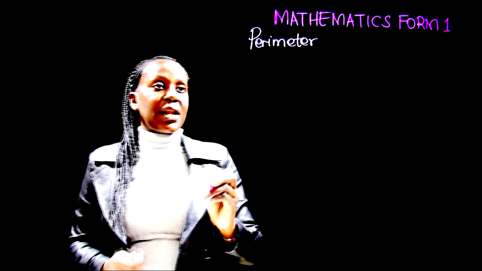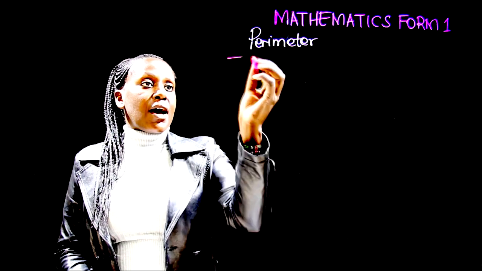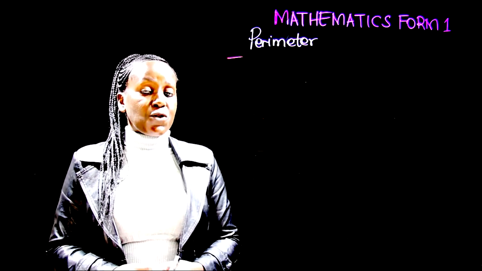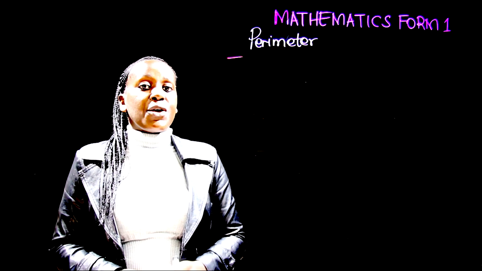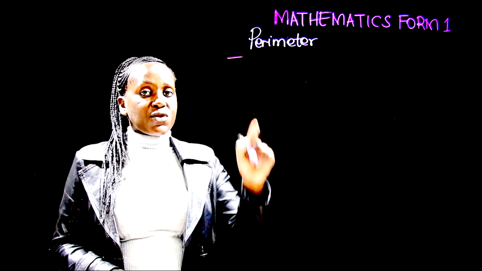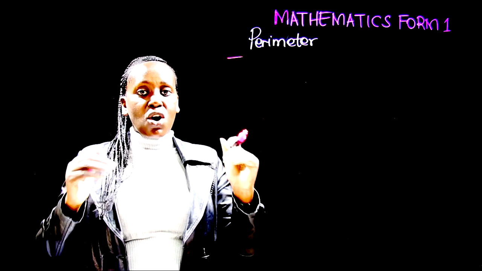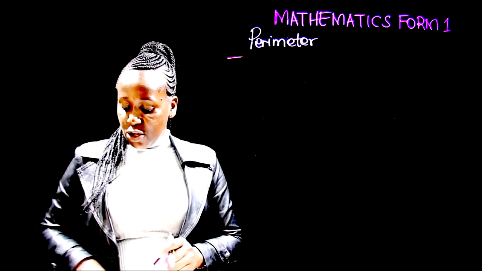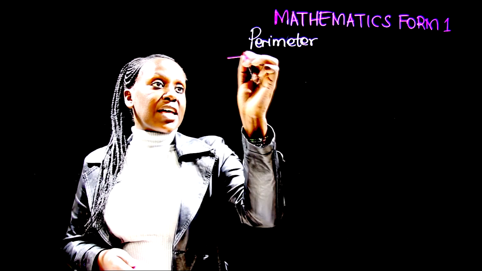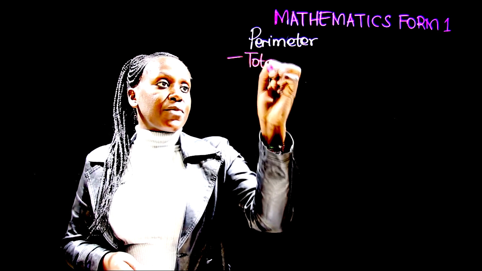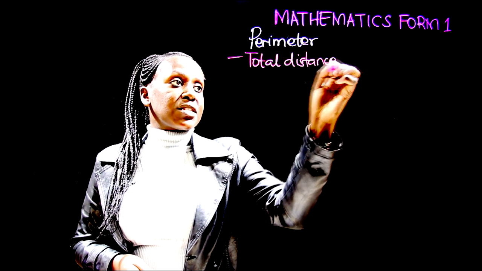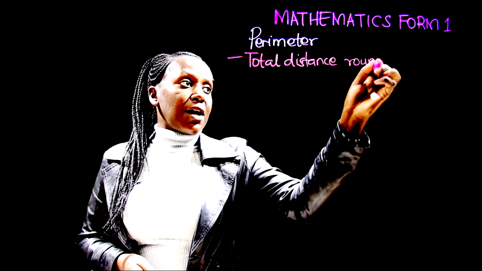If you have a plain figure that has more than one side, like a rectangle which has 4 sides, and you add the values of the distances of all the sides, then you will obtain the perimeter of that figure. So we say that perimeter is a total distance around a figure.